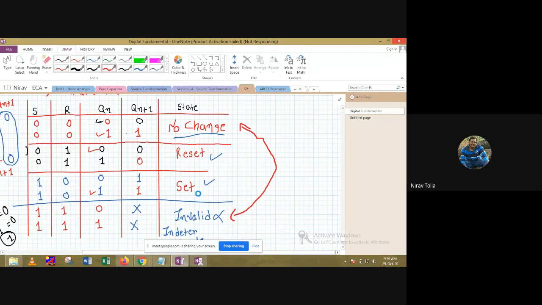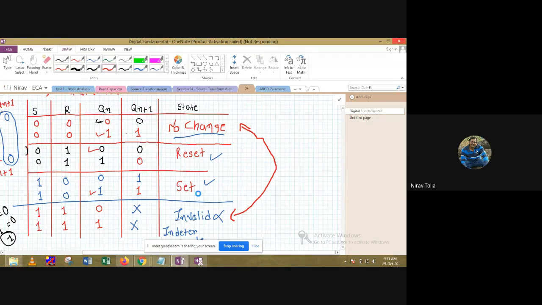But suppose instead of the NOR gate, now I am using the NAND gate, and my S R is 1 1. In a NAND gate, instead of invalid, now my state is no change. Okay, so this is the difference of a state.